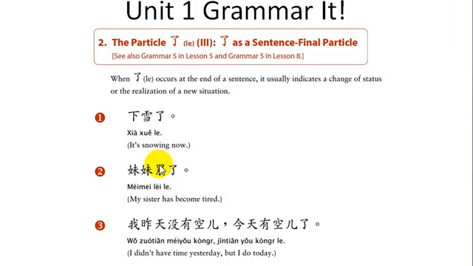So the action expressed by the verb is that the change just took place. The status just changed. 我昨天没有空，今天有空了. Okay, so yesterday he didn't have any free time, but today the situation has changed. He has free time. So the 了 emphasizes that change.